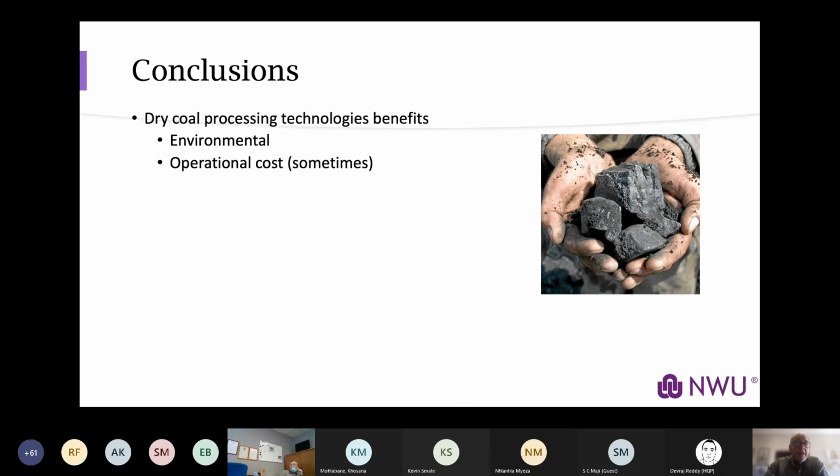So in conclusion then, there are dry coal beneficiation technologies and they benefit the environment, and even though I did not present any economic data, it seems as if the operational cost is low, and there's a case to be made for that.